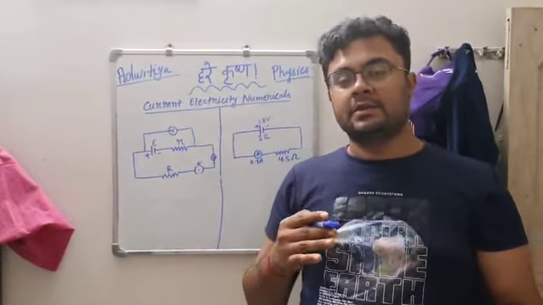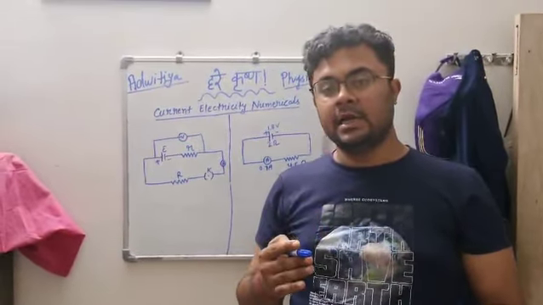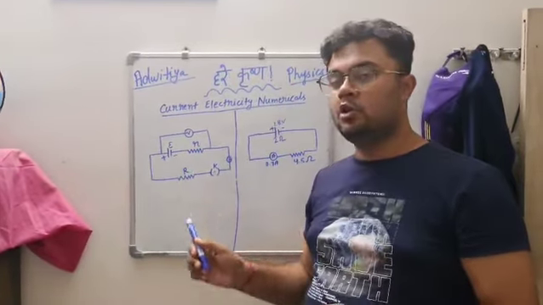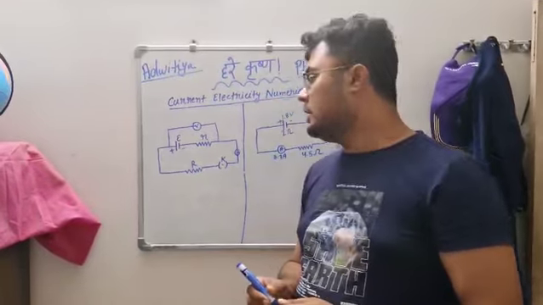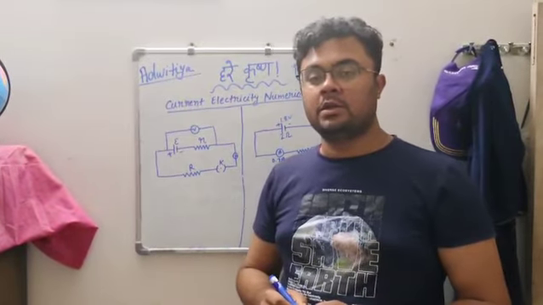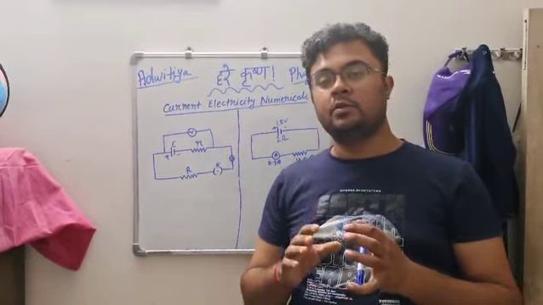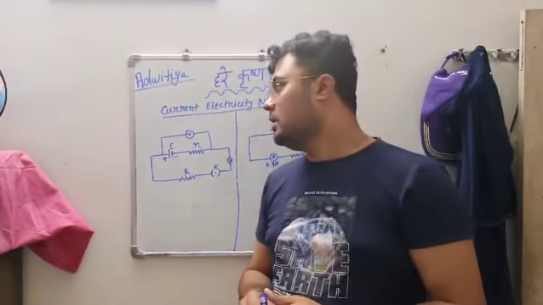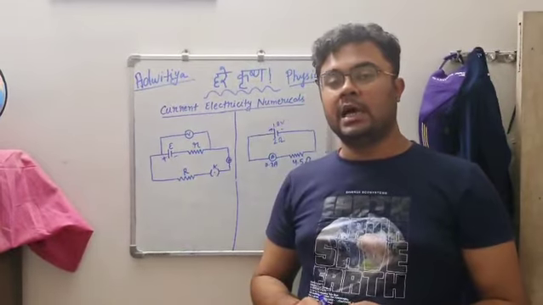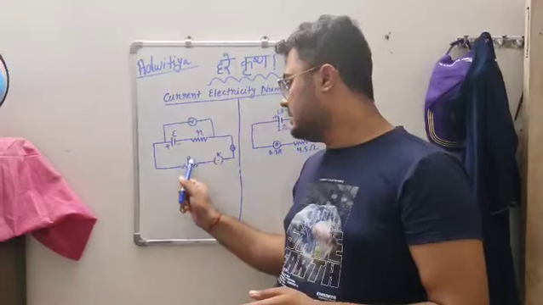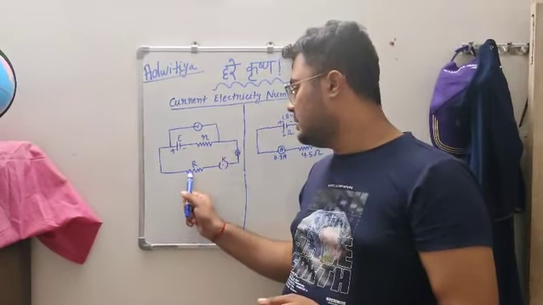A few more topics related to current electricity, and then we will see some numericals related to the topic. In the previous class I mentioned Ohm's law, that V equals IR. I haven't mentioned R yet. R is basically your resistance, denoted by this symbol.